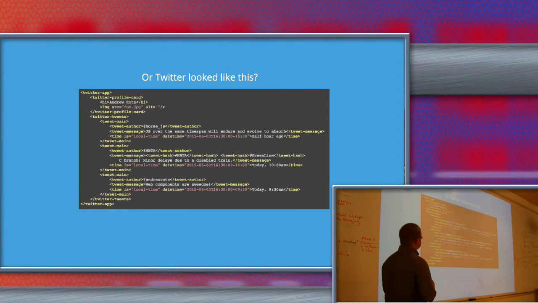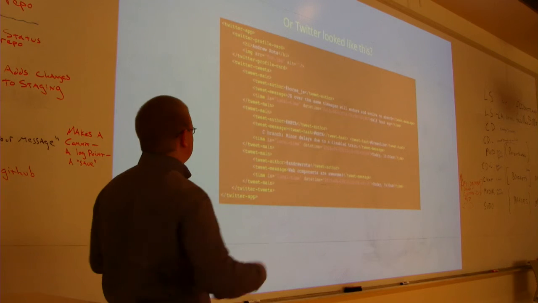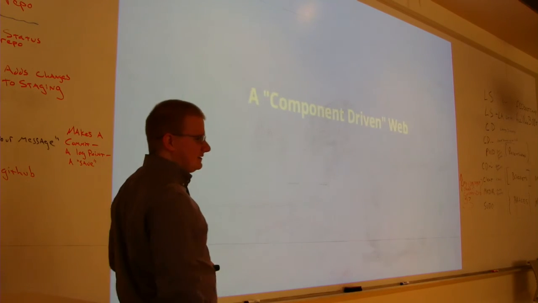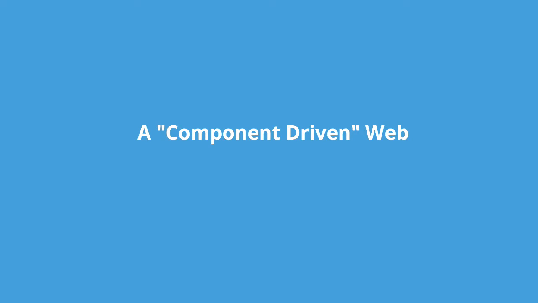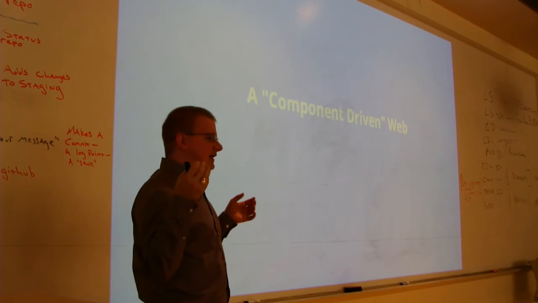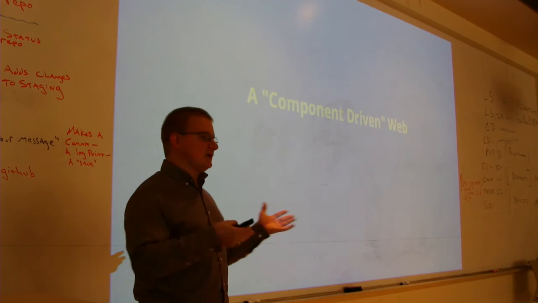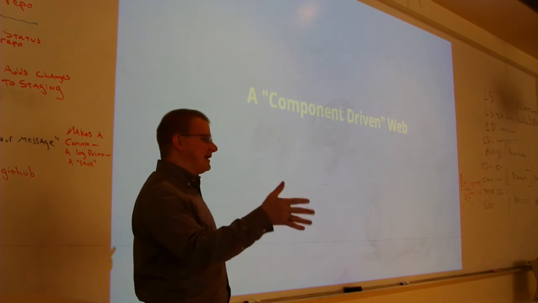This is when I think of what that might look like. It's really interesting to think of what our future of HTML might look like. Yeah, that's beautiful. I really like it. And that's this idea of a component-driven web. What if instead of having just elements that we get from the HTML spec authors, we instead have elements that are developed by the community, by developers like you and I, and the community rallies around them.